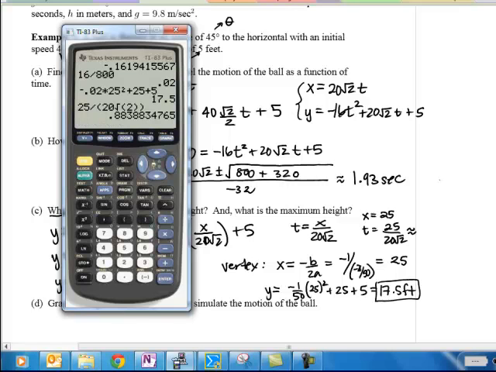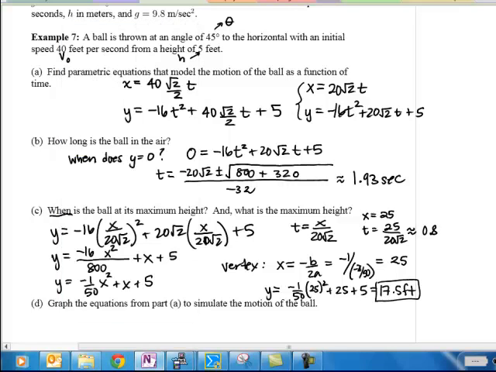So we get like 0.88 seconds roughly. So at the time about 0.88 seconds, we've got the maximum height of 17.5 feet.